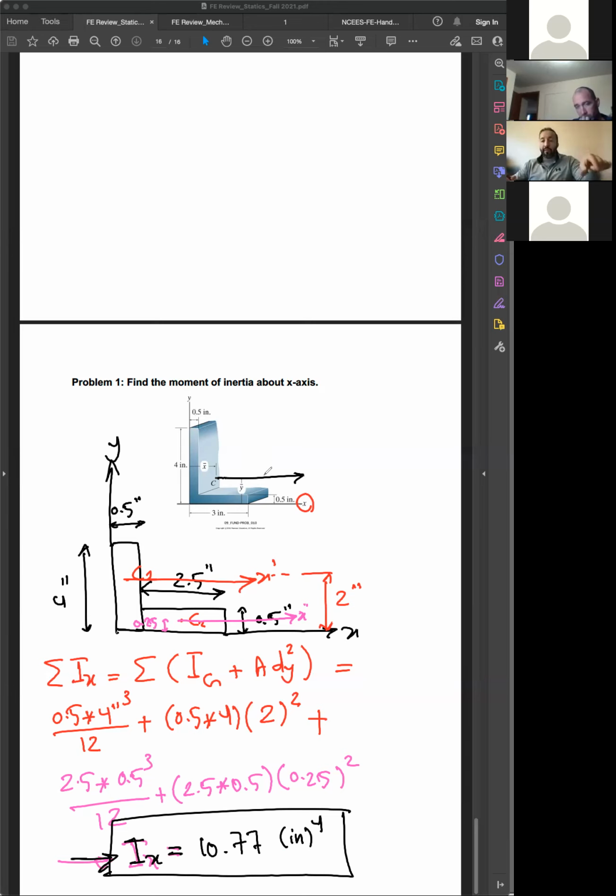The d would be different now. For example, in this case, it would be measured from the centroid of the local figure to this axis, so this height would be the dy. So make sure what is requested from you, whether it is the x-axis or the axis passing through the total centroid of the cross section, so you can deal with that dy properly. All right, any questions here?